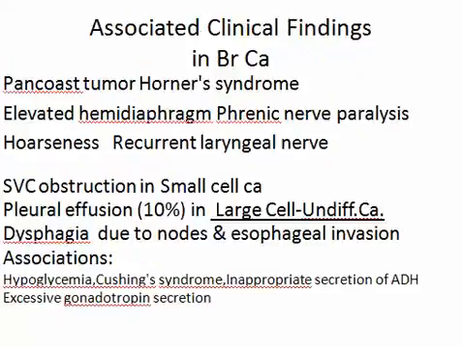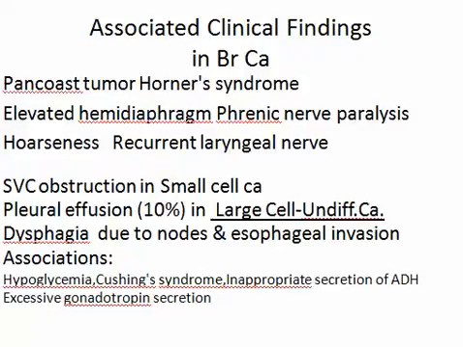Now, associated clinical findings in bronchogenic carcinoma, of course you know about the famous hormonal disturbances occurring in bronchogenic carcinoma, including hypoglycemia, Cushing syndrome, inappropriate secretion of ADH, excessive gonadotrophin secretion with breast enlargement, something like that. These are associations, but we have something clinically you can see.